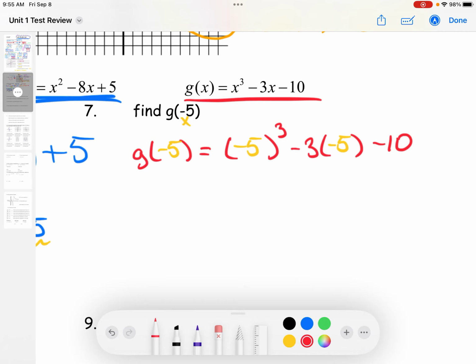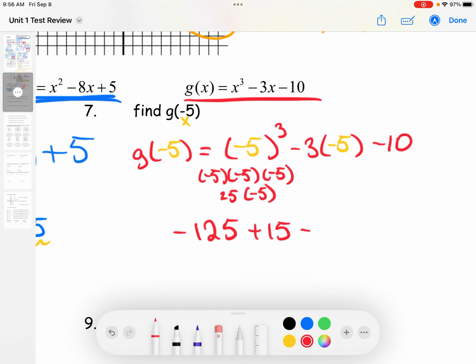So working this out, negative 5 to the third power, negative 5 times negative 5 times negative 5. That's a positive 25 times a negative 5. So that's negative 125. Then negative 3 times negative 5 is a plus 15. And then minus 10.